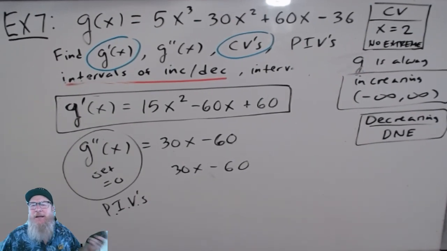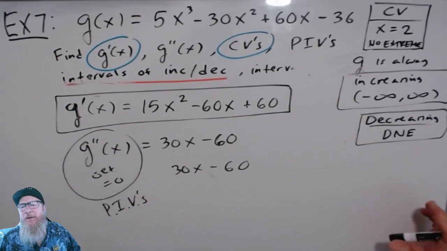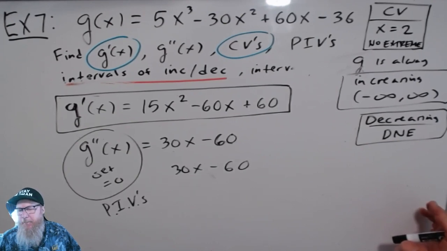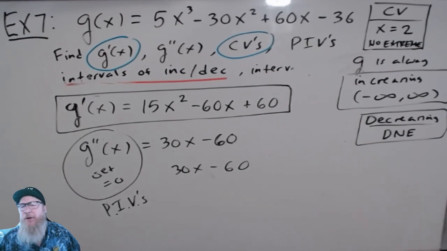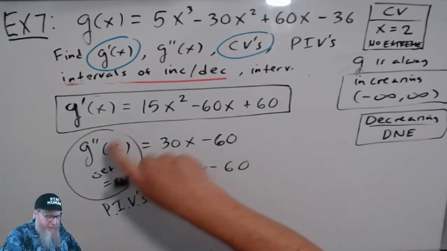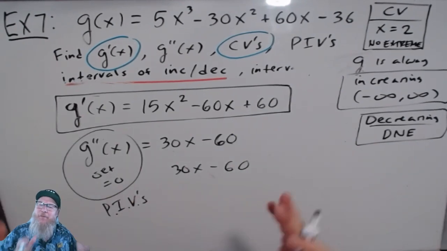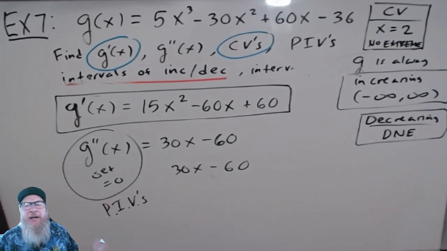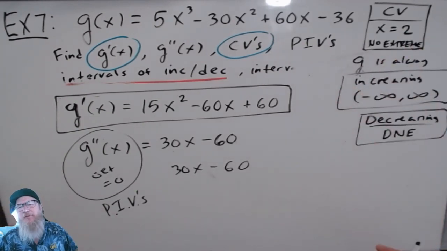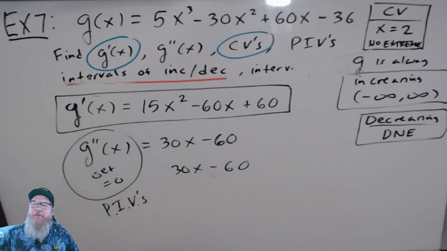In fact, when I learned this topic 35, maybe almost 40 years ago, I just called everything a critical value. Anytime you set a derivative equal to 0, you just call that a critical value. But now, we've developed a more detailed language, just being more specific. Critical values for the first derivative, possible inflection values, second derivative.